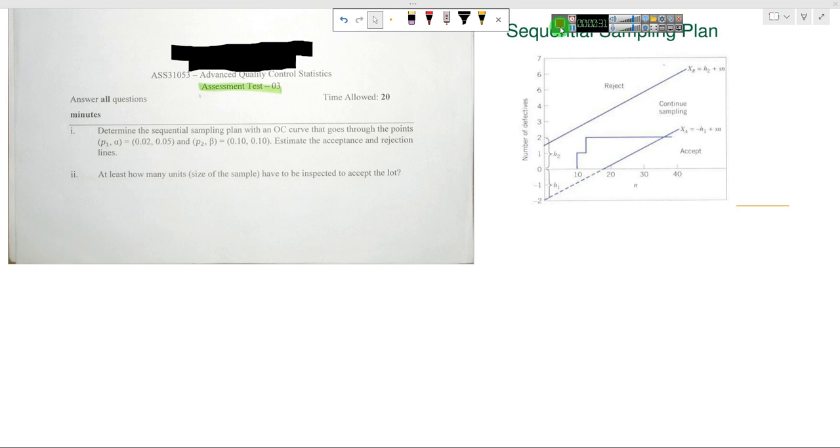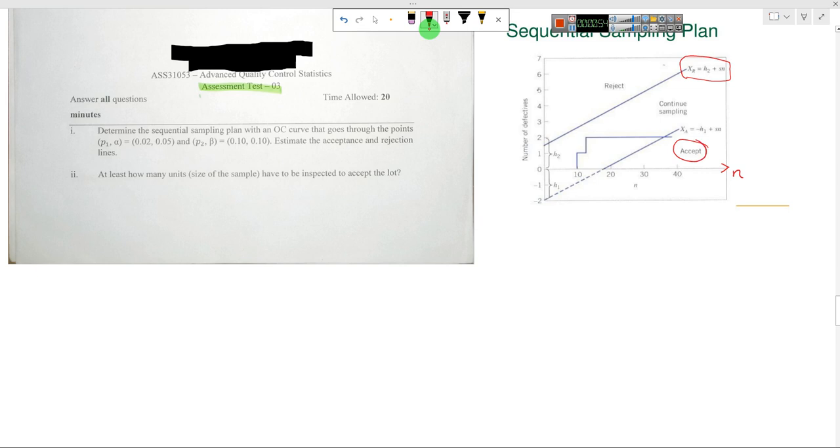Now this is the scenario that we are going to do here. Let me just explain using this graph. Let's say this is the number of samples and this is the number of defectives. Now we take a sample and we will find two lines: this is the rejection line and this is the acceptance line.